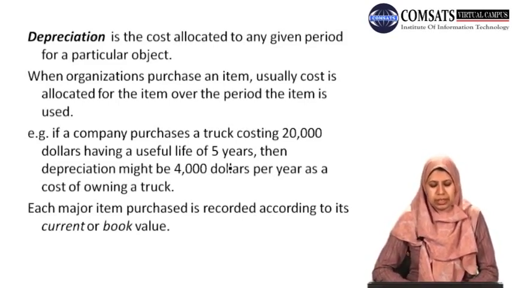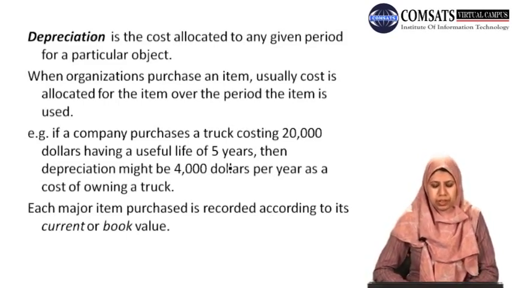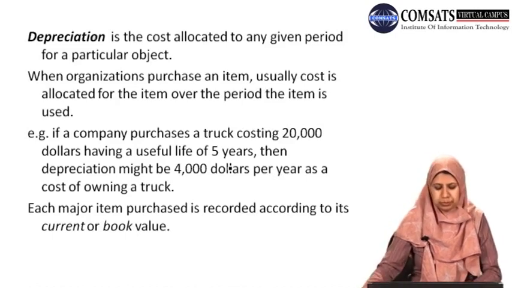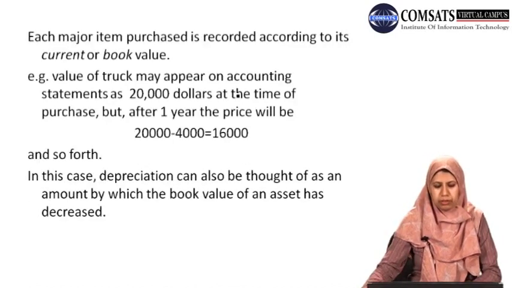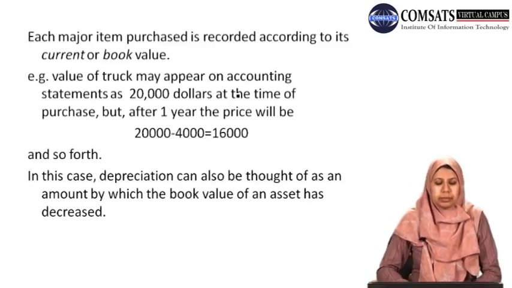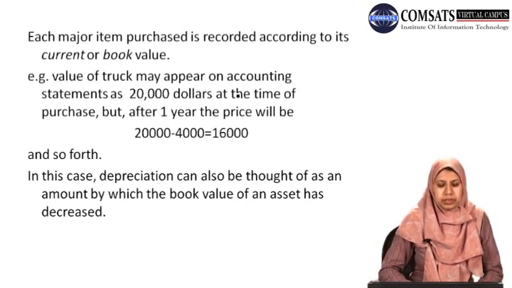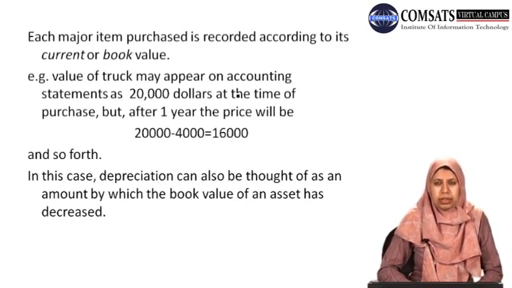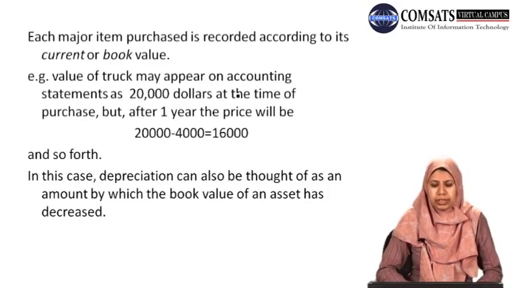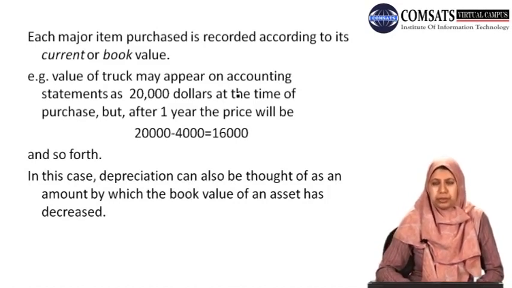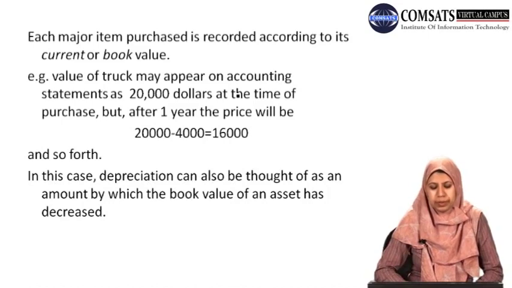Now each major item purchased is recorded according to its current value or book value. For example, value of truck may appear on accounting statements as $20,000 at the time of purchase. So this will be the book value. But after 1 year, the price will be reduced to $16,000 and so on.